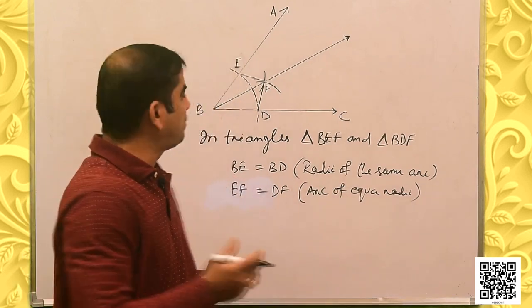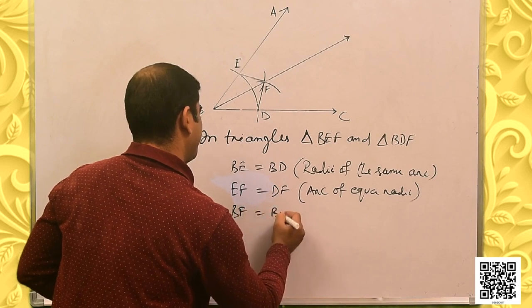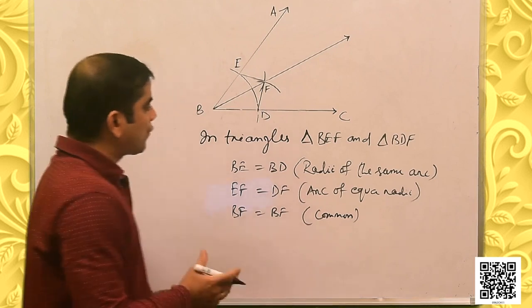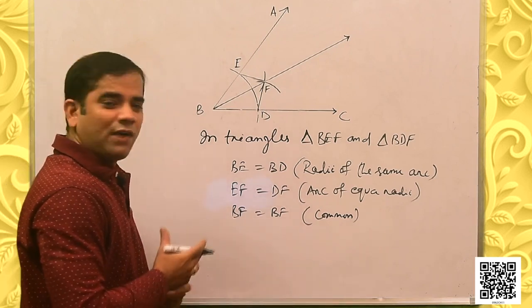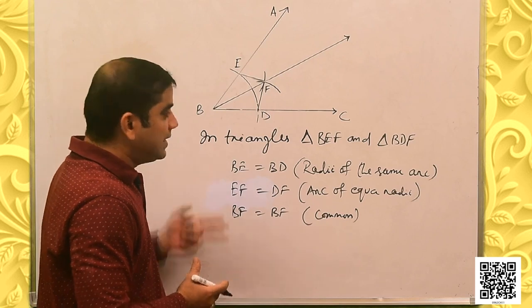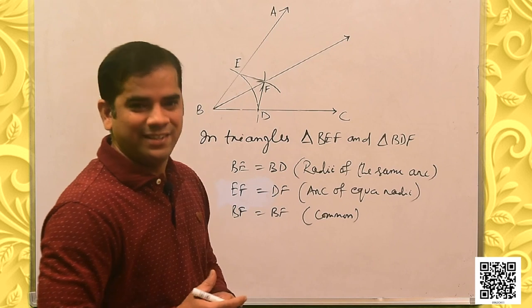Then BF is equal to BF. That is your common side. So from this, we have found that in these two triangles we have three equal corresponding sides.